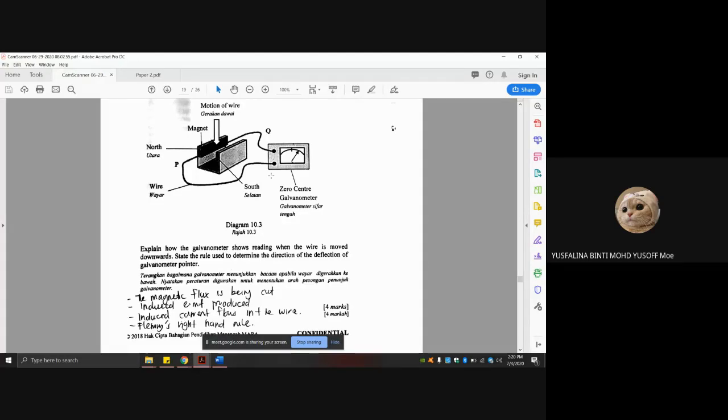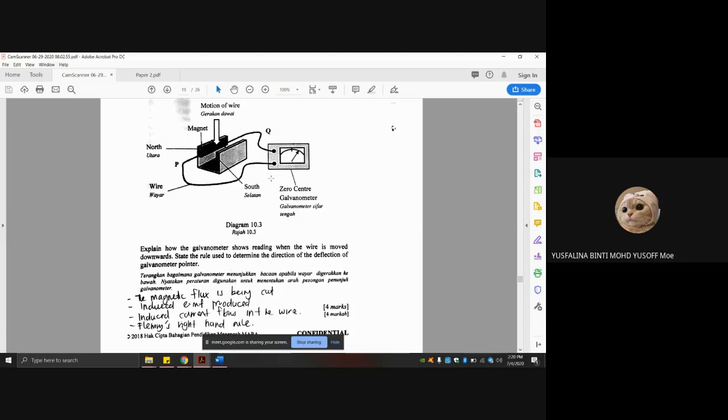To know the direction of the current, you use Fleming's right hand rule. Remember, Fleming's left hand rule is used to determine the force on the conductor, whether it moves to the left or to the right.